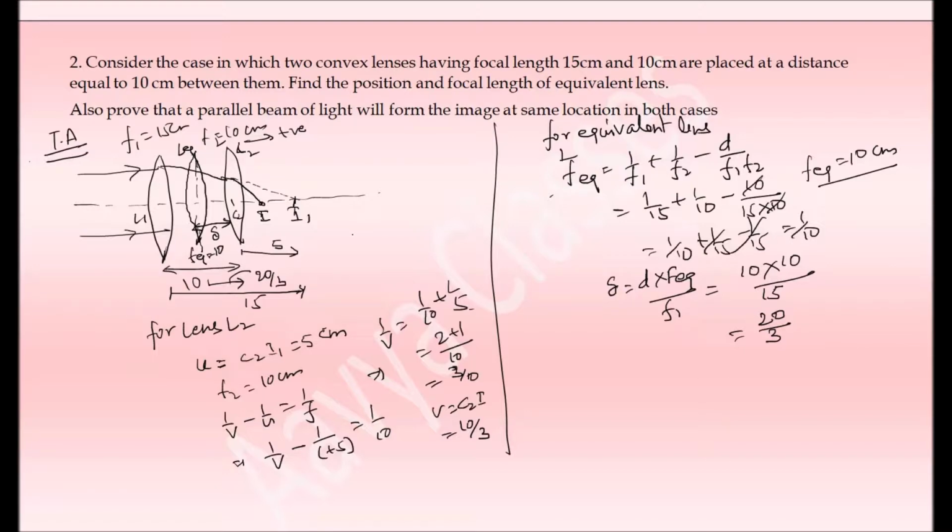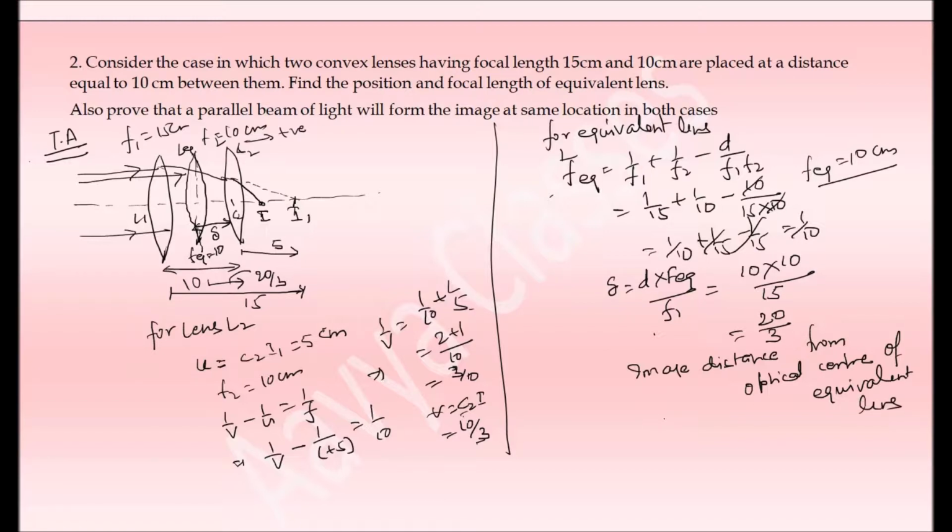Now the parallel beam of light rays will strike this lens directly, and then they will form the image at some point. We will calculate the image distance from the optical center of the equivalent lens.